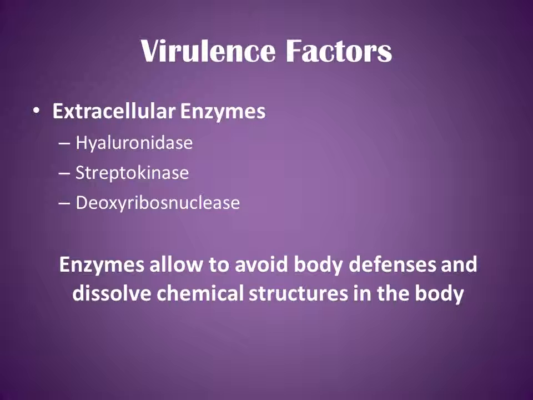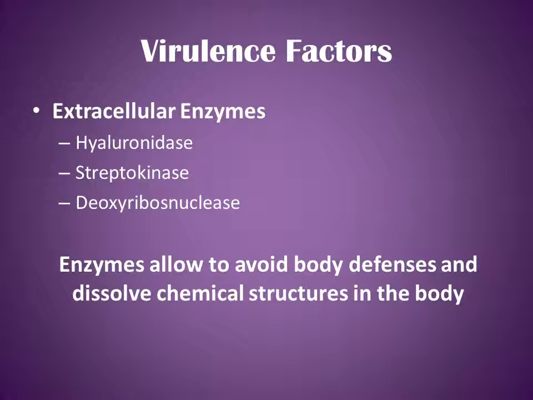Hyaluronidase is an example of an extracellular enzyme that Streptococcus pyogenes uses to maintain infection. It breaks down the hyaluronic acid that holds animal cells together, allowing it to invade tissues deeper. Streptokinase breaks down blood clots, which helps Streptococcus pyogenes invade the body through the skin where there is an open wound.